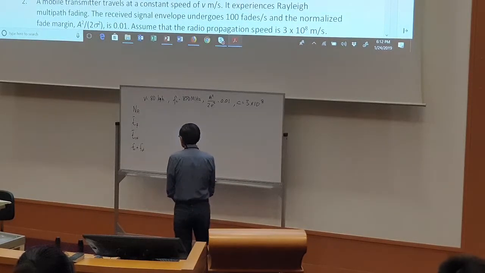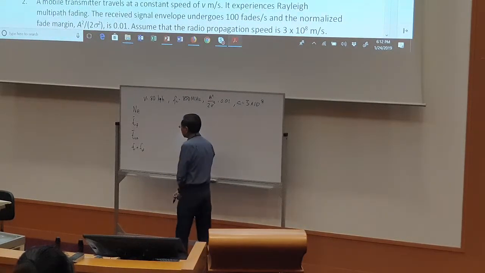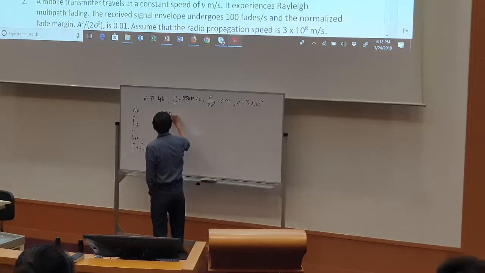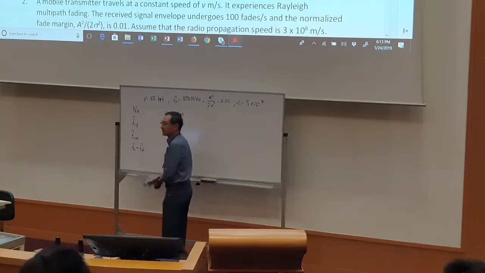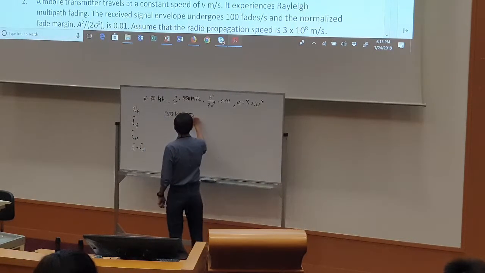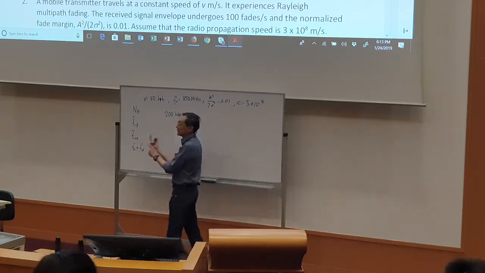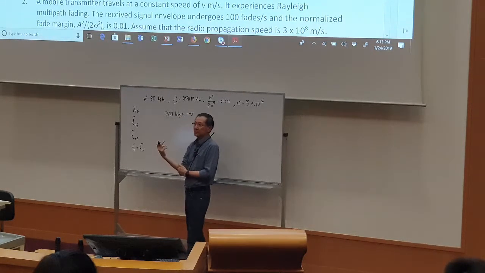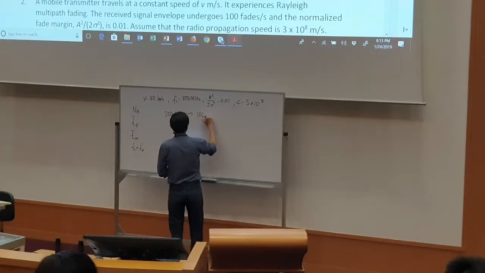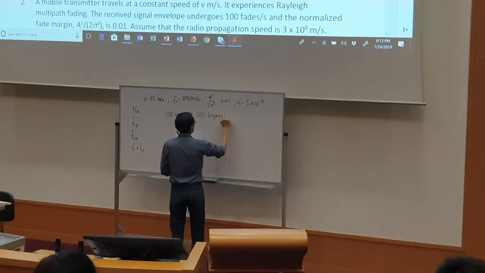To find out whether it's slow or fast, you have a data rate of 200 kilobits per second, and it's quadrature phase. That means 2 bits make one symbol. So that would be 100k symbols per second.